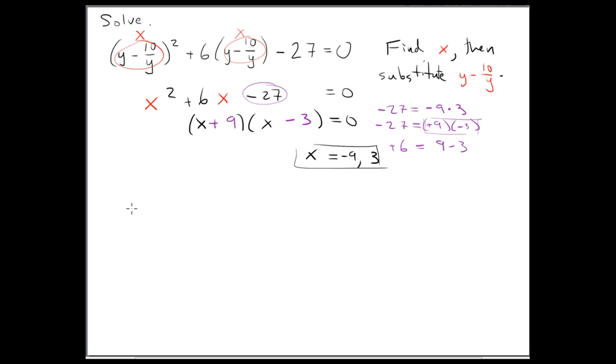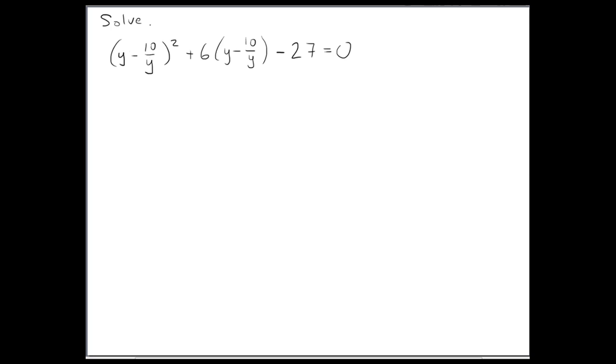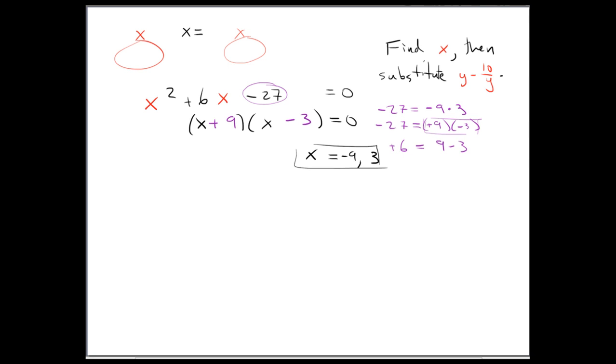Great. Now we're going to need to substitute. So x equals negative 9, and then we had x equals a positive 3. If x equals negative 9, that means y minus 10 over y is equal to negative 9.